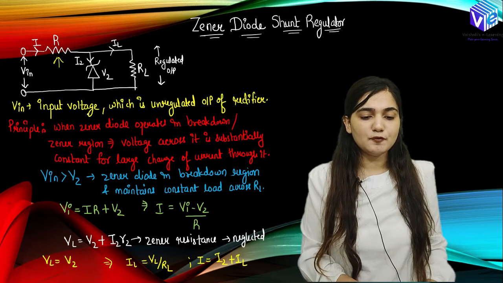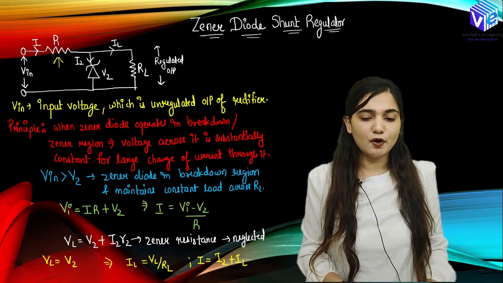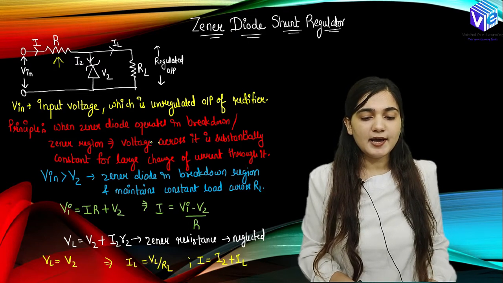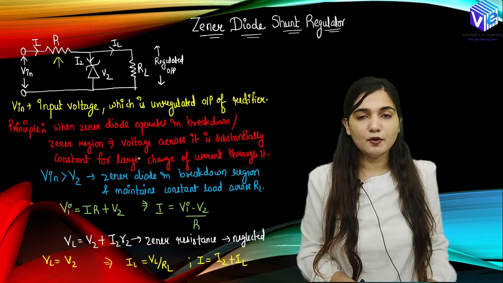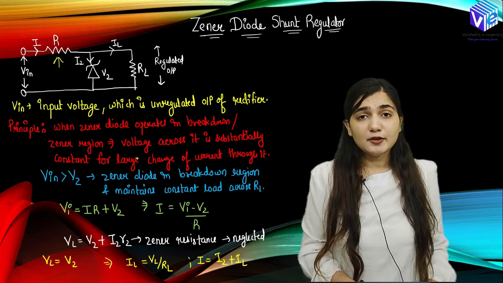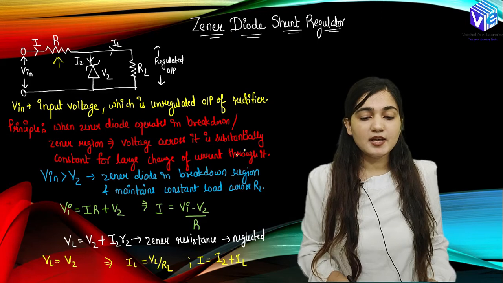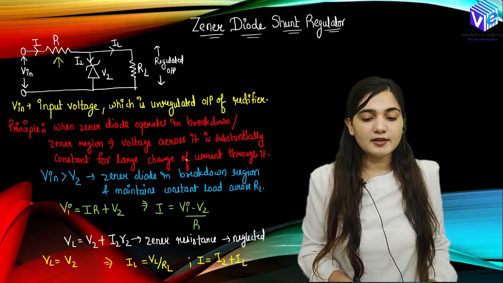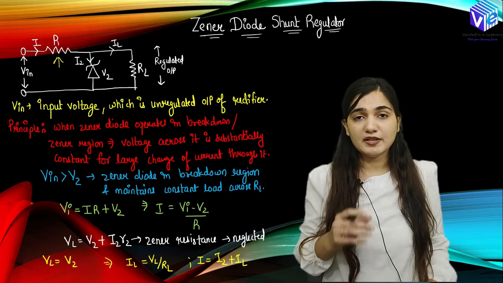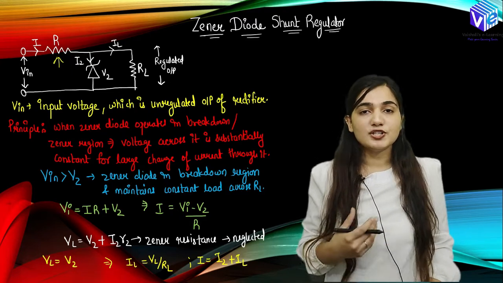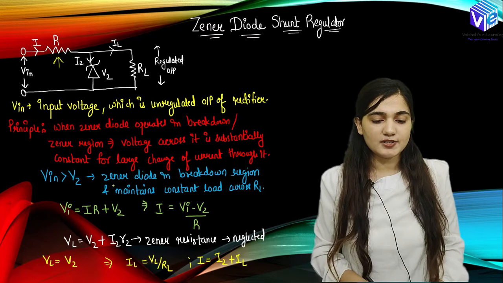So Vin is the input voltage, which is the unregulated output of the rectifier. Now it works on the principle that when the Zener diode is operated in the breakdown region or the Zener region, the voltage across it is substantially constant over a large change of current through it. So even if I change a very large current through the Zener diode, the voltage across it will be substantially constant.